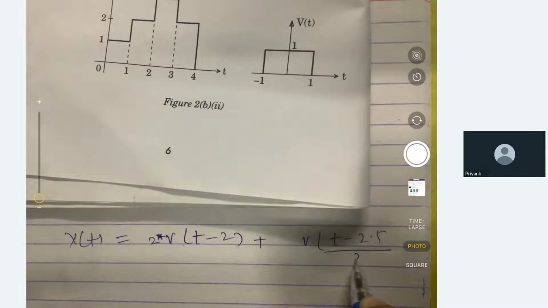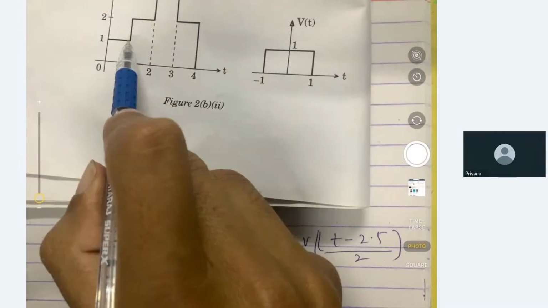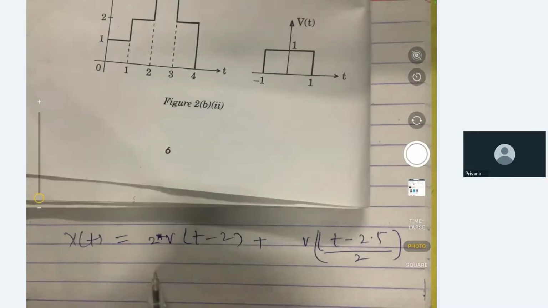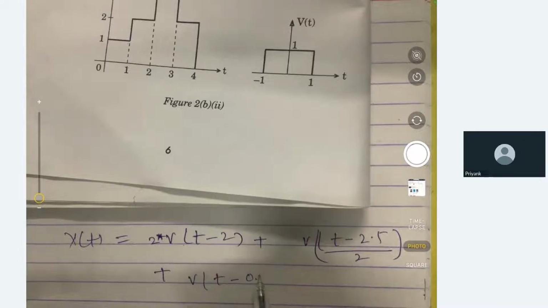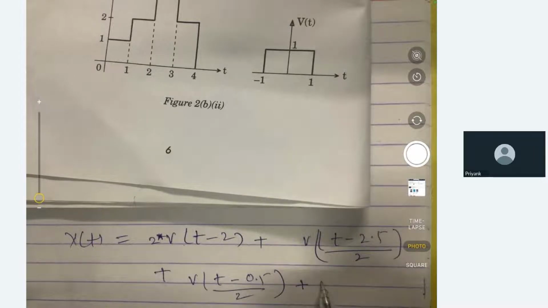So this upper term is taken. Now we have to take the first and this. The first will be v of (t minus 0.5) divided by 2, and the last will be 2 into v of (t minus 3.5) divided by 2.